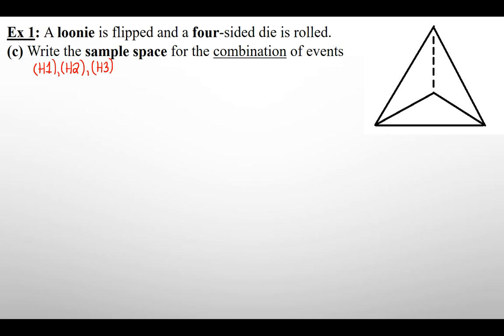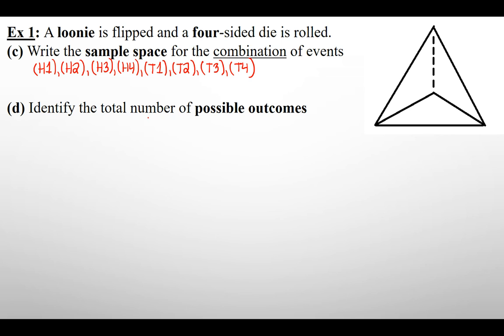Heads and then 3, and then heads and then 4. And we could also have tails and 1, tails and 2, tails and 3, and then tails and 4. That's my sample space. So all the different possible outcomes of the 2 independent events, you put them in brackets, you separate them with commas.